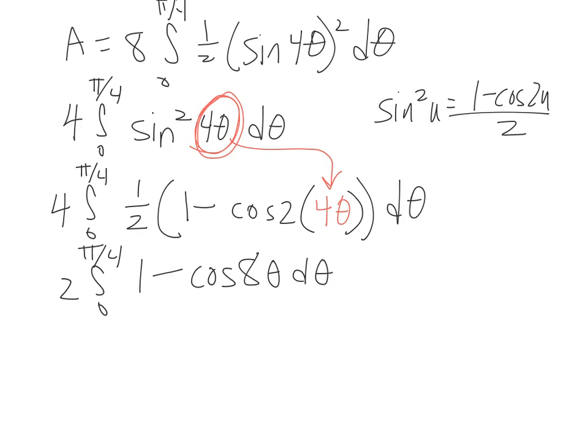And thinking back to our warm-up, we're going to use that to do that second term. We're going to have 2 times the integral of 1 is theta with respect to theta, minus, if I am taking the integral of cosine 8 theta, let's see, I wonder if I can flip back to that warm-up.